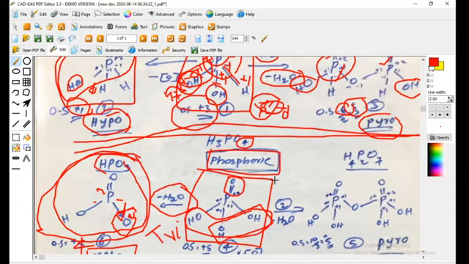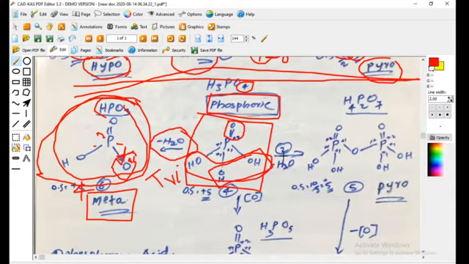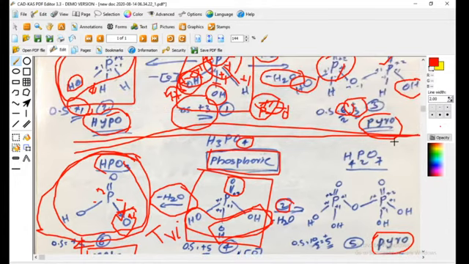So the next one is, if we add 2 molecules just like before, by the elimination of one water molecule, we are getting pyrophosphoric acid. Pyro, here also we use it for the dimer, right?